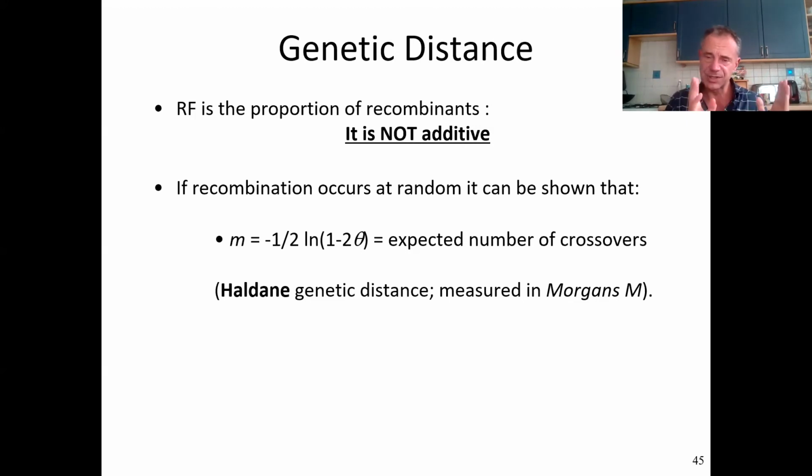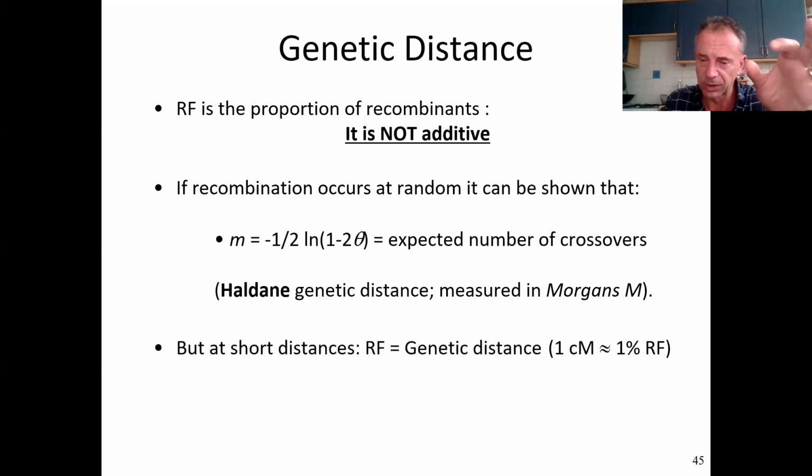Nobody used Morgans; you use centimorgans, which is 1/100th of a Morgan, shown as a centimorgan, little c, big M. That is pretty equivalent to a recombination fraction of 1%. That is a useful ballpark figure to remember, which I recommend that you remember, especially because it is also about 1 megabase.